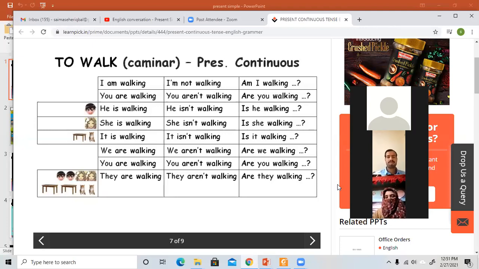What is the contraction of is not? Isn't. He isn't walking. Is he walking? The same goes with she and it. And with plural we use are. We are walking. You are walking. They are walking. They aren't walking. And are they walking? This is the question.